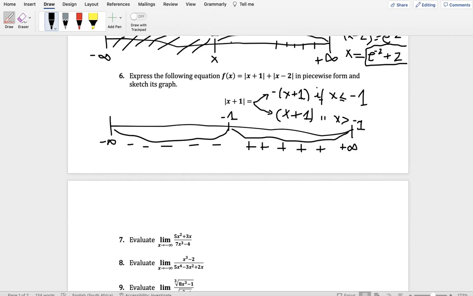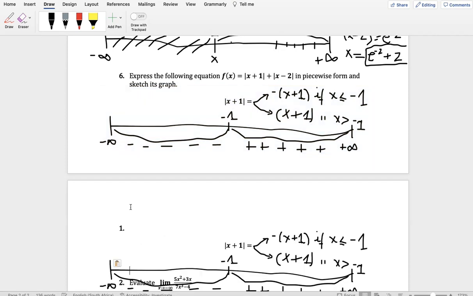Right. So now we've defined, sorry, not the whole function, but we've defined x plus 1 piecewise. So I'll copy that down here and paste it there.